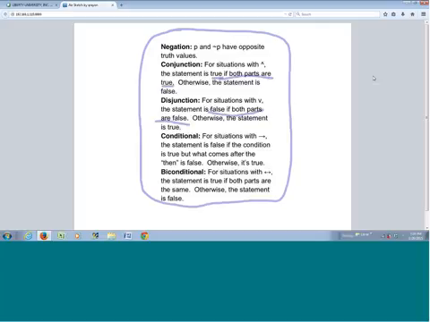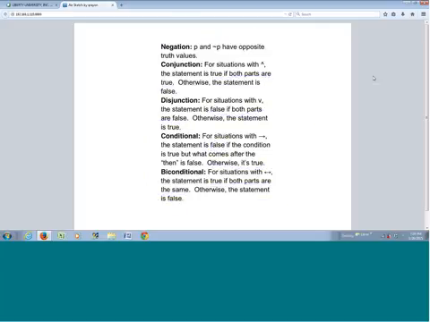Otherwise, it's true. The conditional is false if you have this statement, true, arrow, false. Otherwise, it's true. Biconditional, true if both parts are the same. Otherwise, it's false. So this is a good little summary to have handy when you're working the problems that we're going to be working. I'm going to keep referring to these.